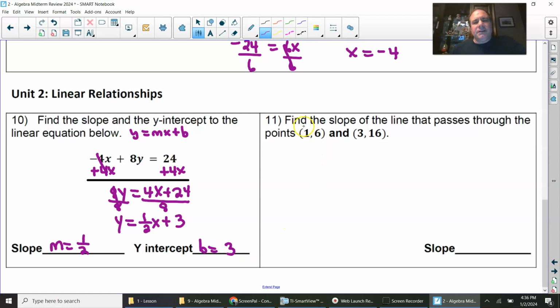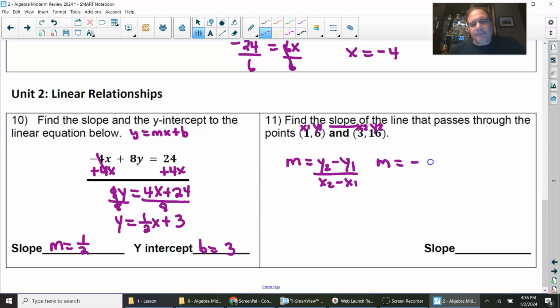Number 11, find the slope of the line. That's all they want, is to find the slope. So this is x1, this is y1, this is x2, this is y2. The slope formula that everybody should know, but I'm going to write it down anyway: y2 minus y1 over x2 minus x1.